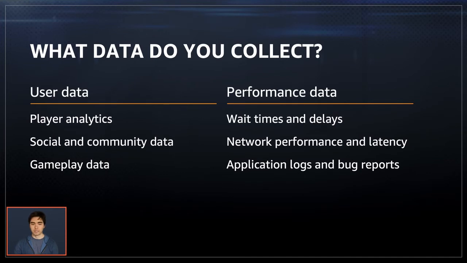These could be things like chat logs, and then actually gameplay data, right? Events that are happening within the game that you might be interested to know more about and can do reporting on. On the other side of things, you've got performance data. So this is more on the infrastructure level or how the game is actually running. Wait times and delays, network performance and latency, application logs and bug reports, some of these items that give you insight into how well your game is actually running.